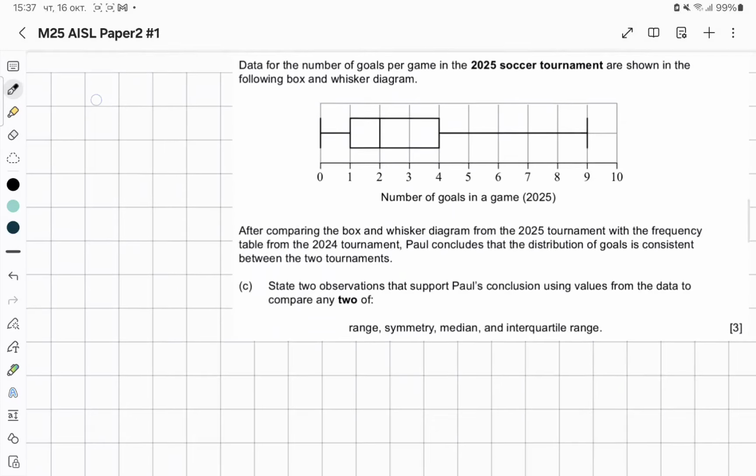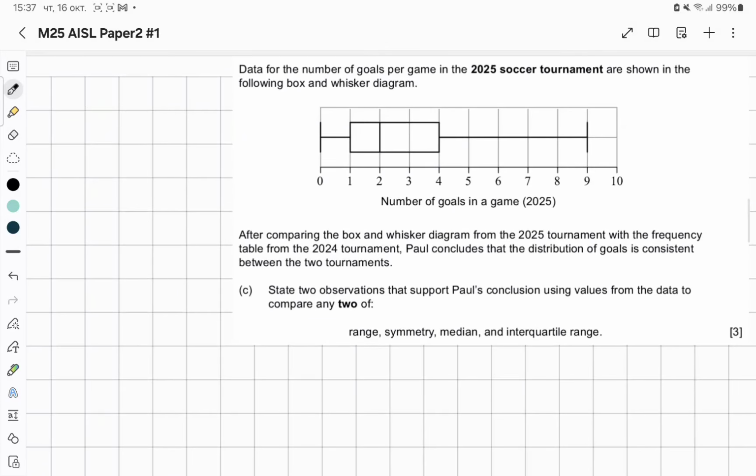Before the next part, it's given additional information about the data for the number of goals per game in 2025. So it is next year, right? So the previous step was about the year 2024. Now it's 2025. As shown in the following box and whisker diagram, number of goals in a game.